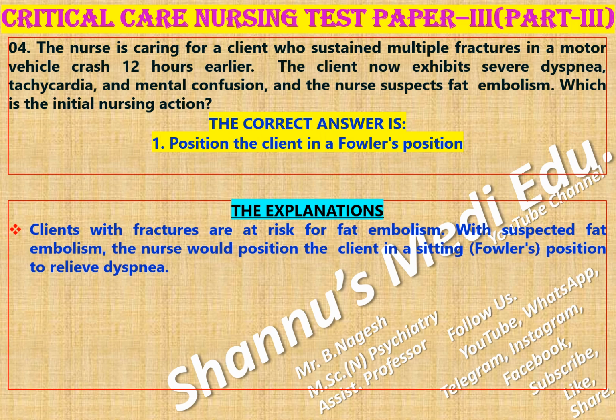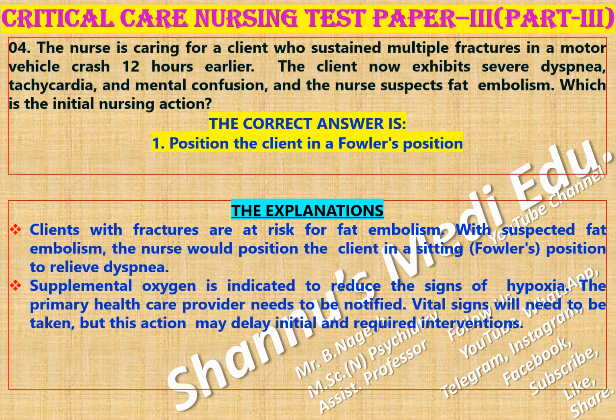The explanation of this question: clients with fractures are at risk for fat embolism. With a suspected fat embolism, the nurse would position the client in a sitting position to relieve the dyspnea. Supplemental oxygen is indicated to reduce the signs of hypoxia.